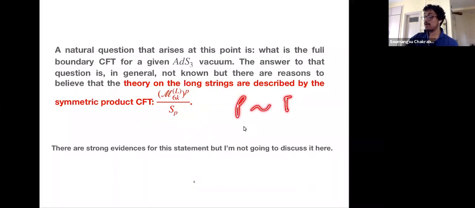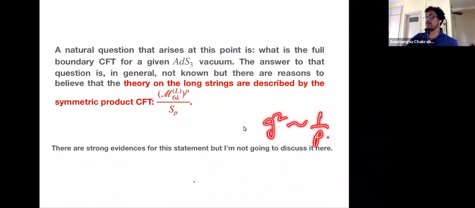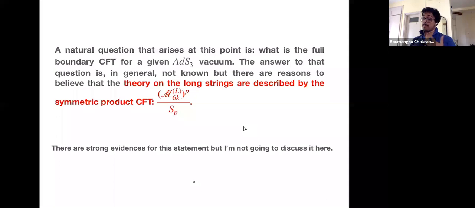P is the number of F1 strings, and the worldsheet string coupling squared goes as 1 over P. So for large enough number of fundamental strings, or at weak string coupling, P is a big number. There is much evidence for why just the long string sector forms a symmetric product, but I'm not going to talk about that. I'm going to borrow some results that were discussed some 15 years ago in the literature.